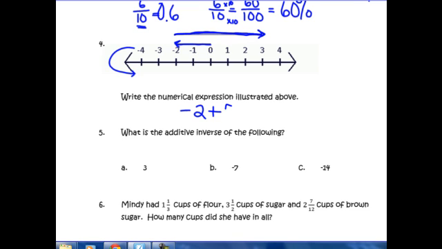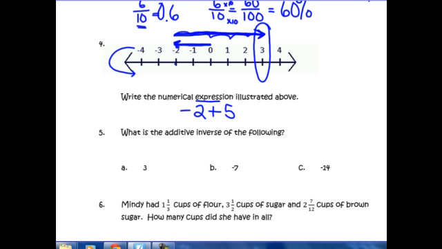It must be adding 5 to get the answer of 3. So the numerical expression that matches that number line is -2 plus 5, because the arrow is pointing to the right, and I did count how many hops: 1, 2, 3, 4, 5. -2 plus 5 is the expression.